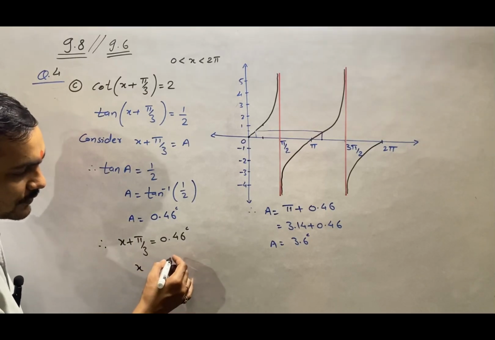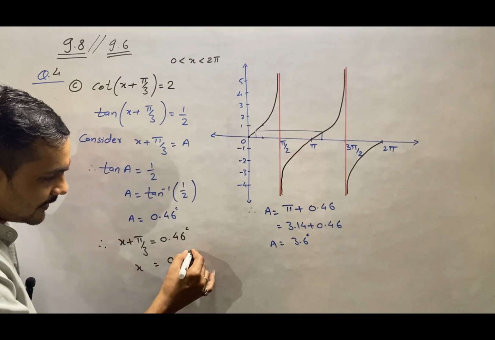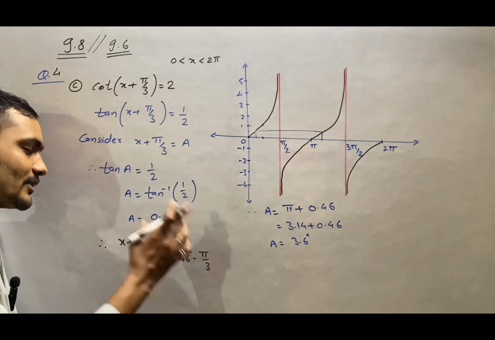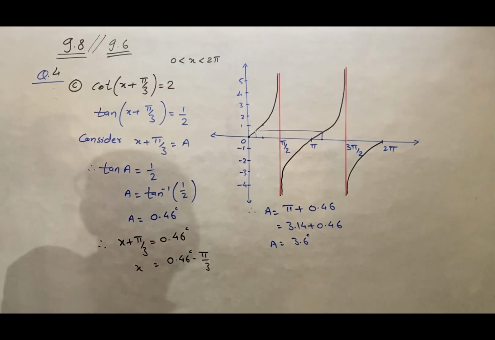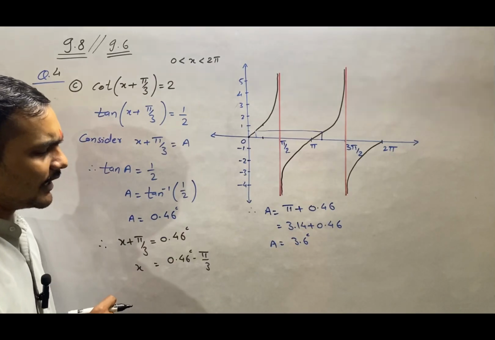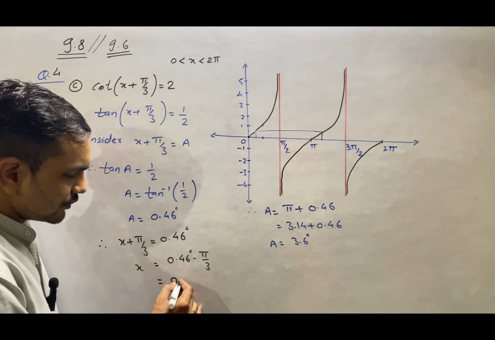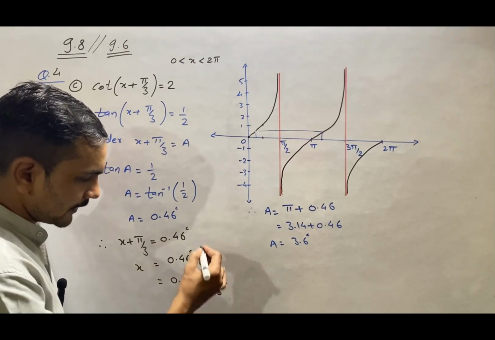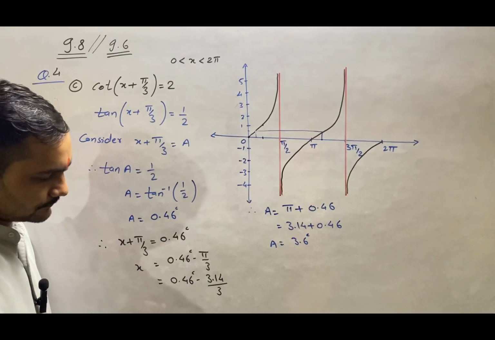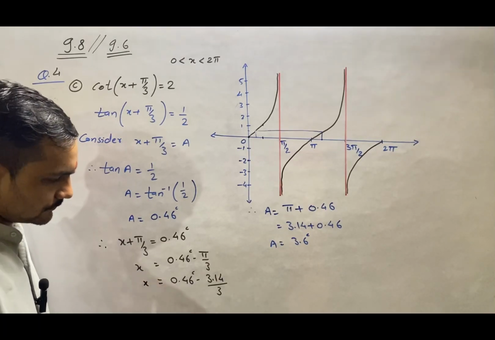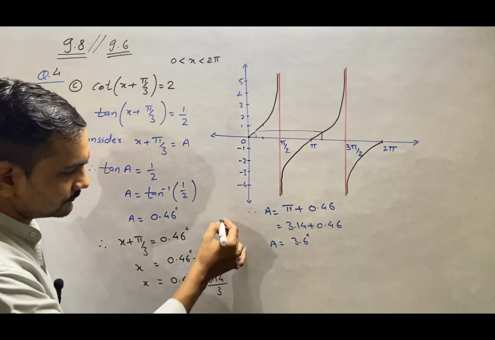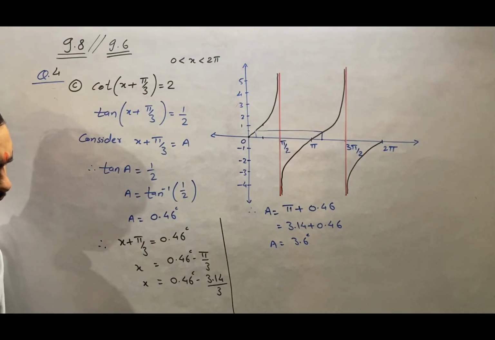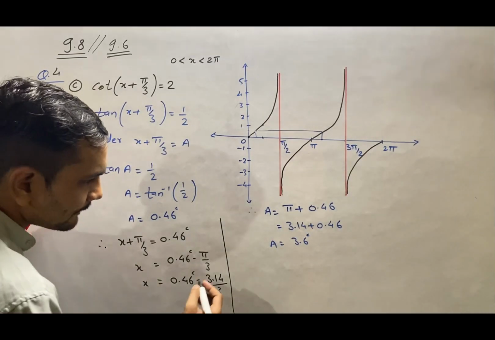So x equals 0.46 radian negative pi over 3. Let's solve by using calculator. What you will get if you divide 3.14 over 3 and subtract from 0.46 radian.